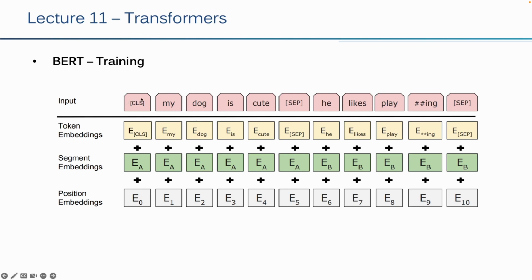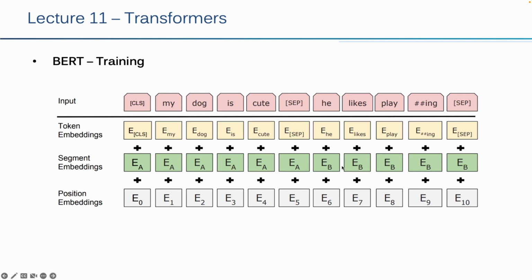So what would happen is we have the token embeddings. Those are the query, key, value we've seen before. And then we have segment embeddings that help confirm the separation. So we have one embedding that identifies the first part of the segment, A, and the other one, B. And those are, again, random, but they have to be different.